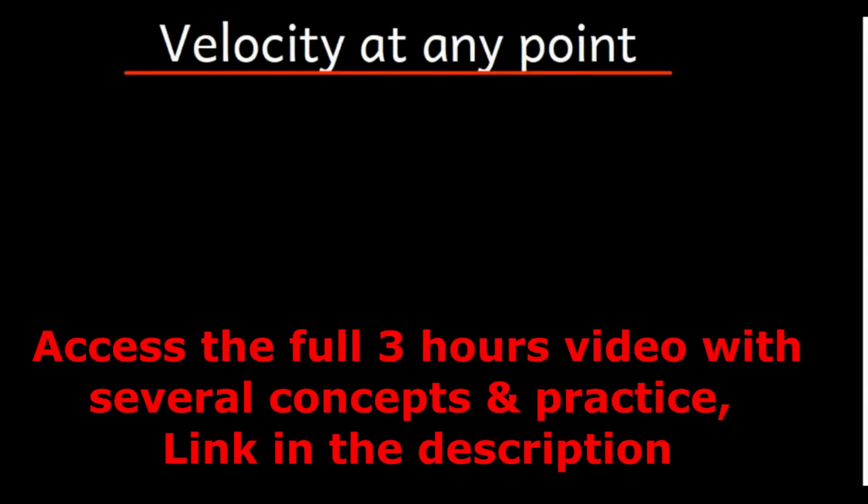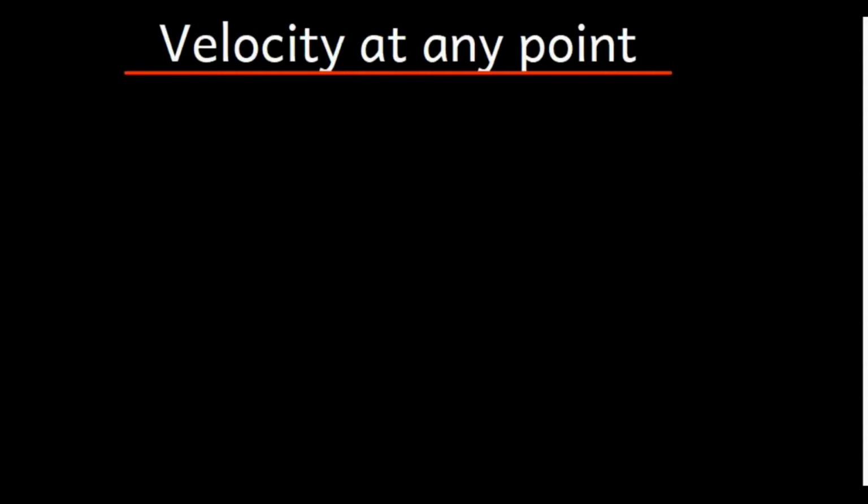So let's talk about how to find the velocity at any point. Remember, this is part 2 of the previous video where we were talking about finding the maximum velocity, and we said that whenever we're trying to find the maximum velocity, x is equal to 0. Now let's assume we have the value of x.